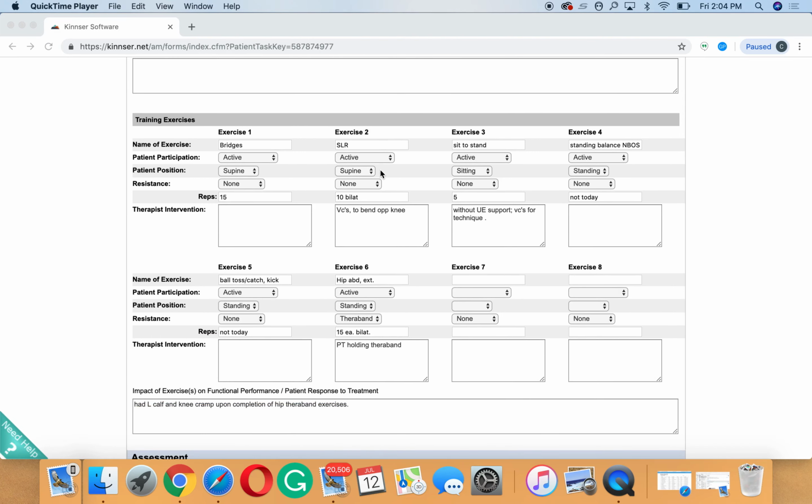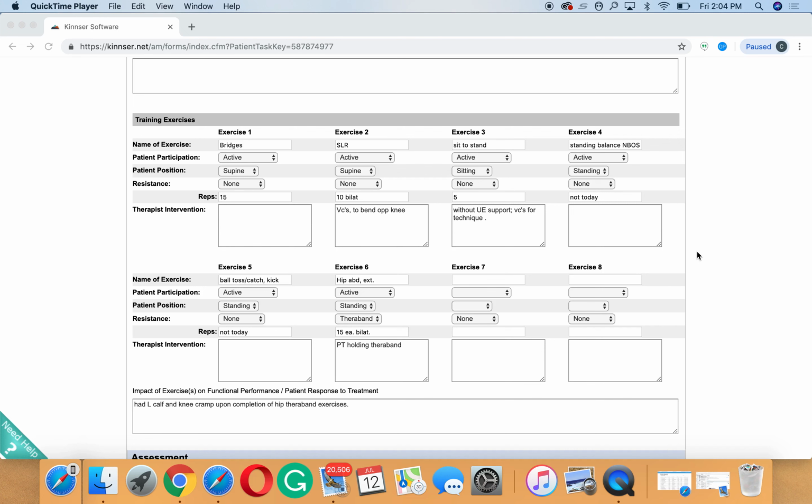Okay, this part here is a biggie, the exercises. There should be some sort of therapist intervention on most of your exercises. Either you needed to guide them as far as verbal or tactile cues for the technique they're using for that exercise, or you needed to provide contact guard assistance, or you needed to hold their foot down while they perform their straight leg raise.